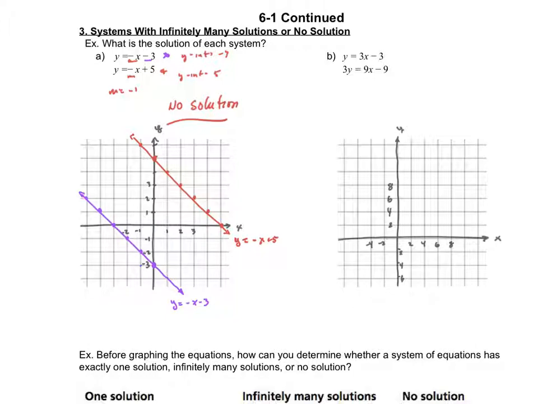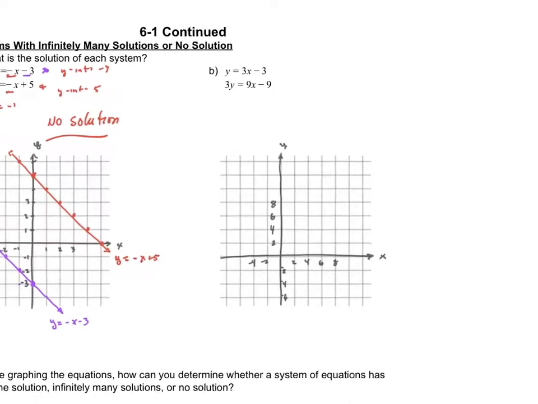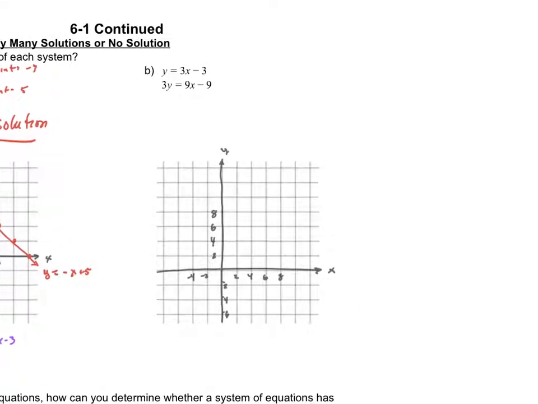And looking at this next one at B, in the form it's written in, I can't necessarily graph this one. The first one, y equals 3x minus 3, I can graph. I know the slope is 3 and my y-intercept is negative 3.